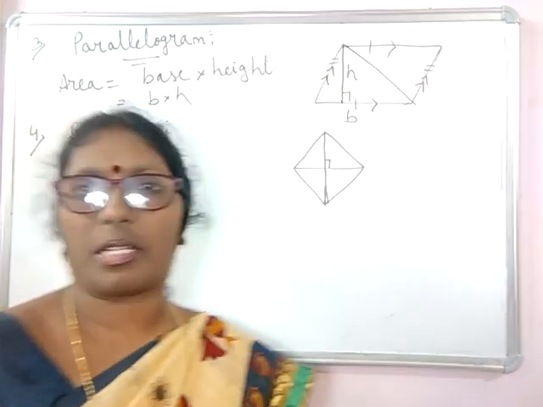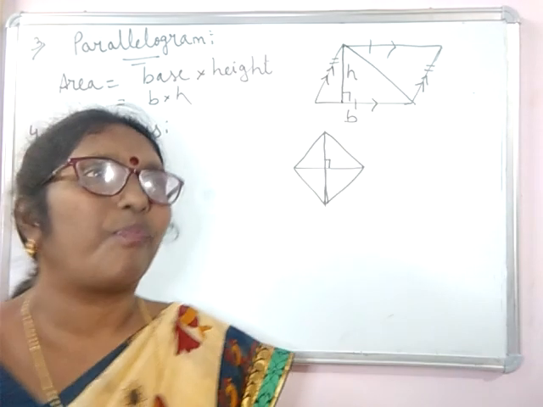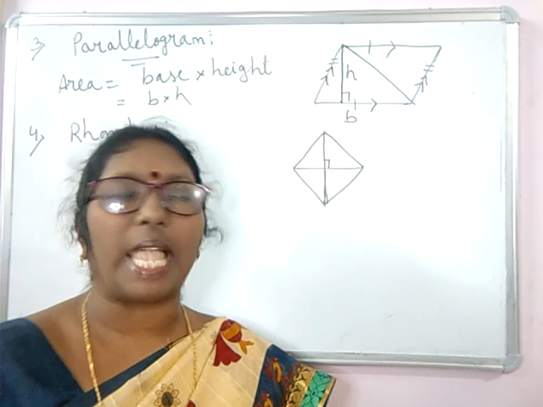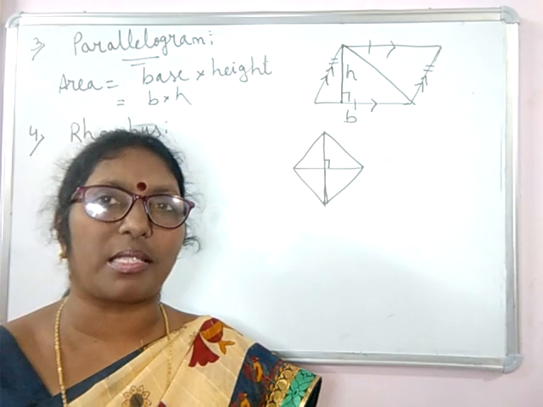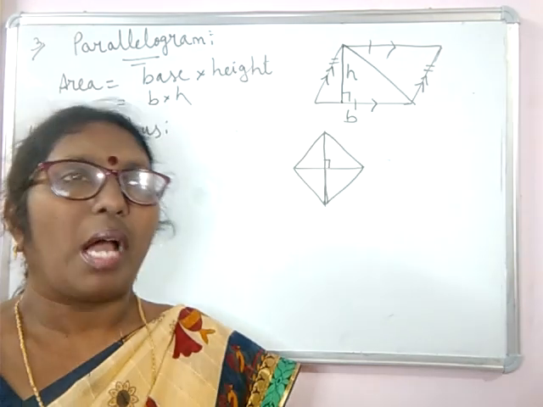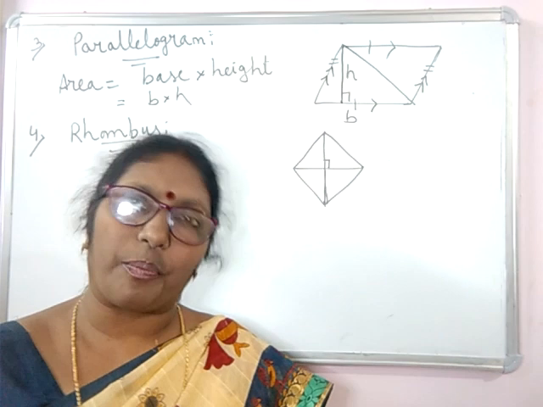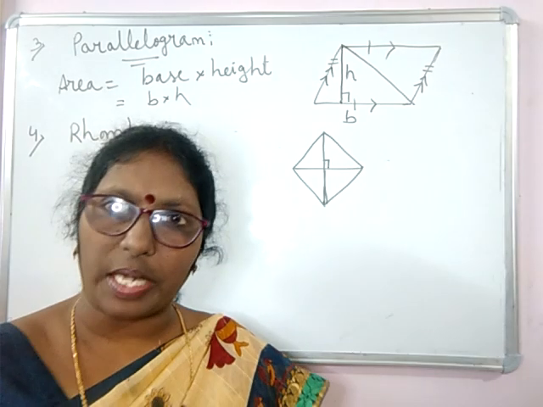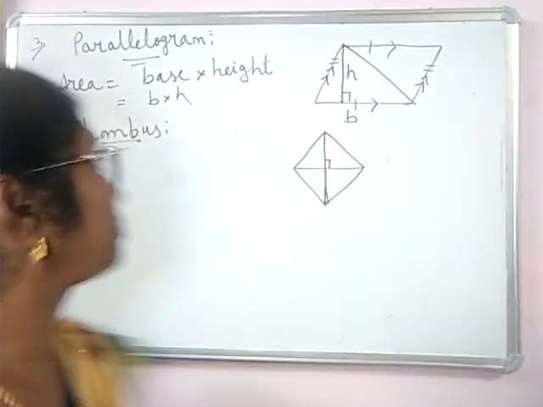Already you have learned how to find the area of a quadrilateral, that if the diagonals of the quadrilateral intersect each other at right angles, half into product of the diagonals gives you the area of the quadrilateral. Same thing will be applicable here.